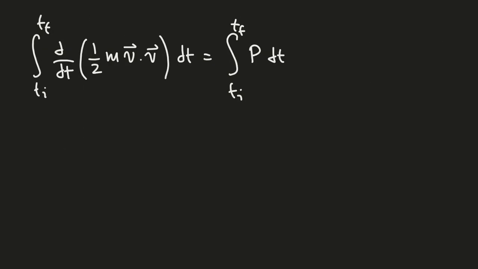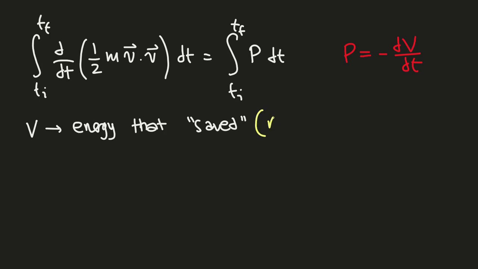By equating both the before and after results, we have this equation, where P as power has a relation with F vector, and of course by this result it also has a relation to T. Then we define P equals minus the first derivative of V capital, where V capital tells you about energy that is stored or saved, which is not used as T yet.